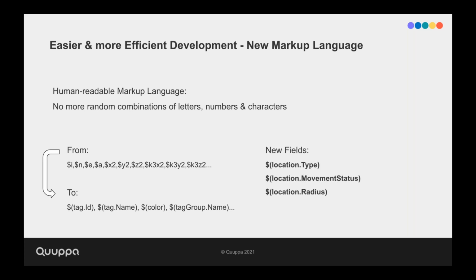So we also have some new fields available in the API for location type, location movement status, and location radius. So the location type would be either positioning or proximity or presence, or alternatively it can give no location also.